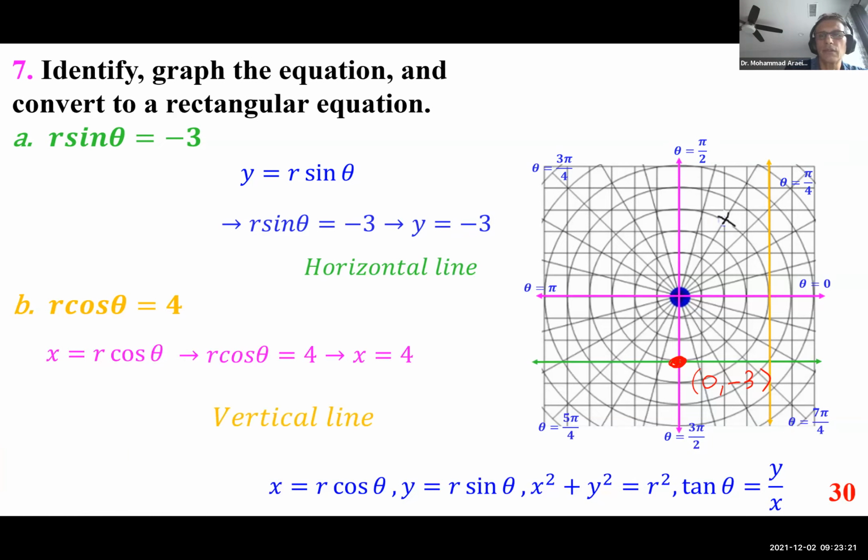Let's pinpoint the x-intercept at 4, 0. So we are just making it general. And it's important when you draw vertical lines, horizontal lines, come up with the intercepts, and they have only one intercept.